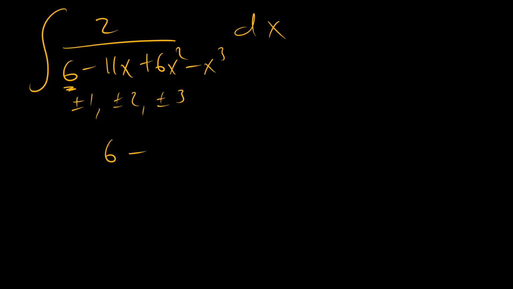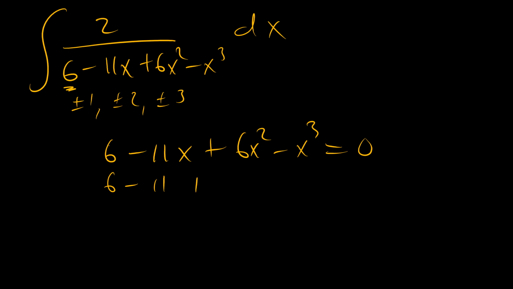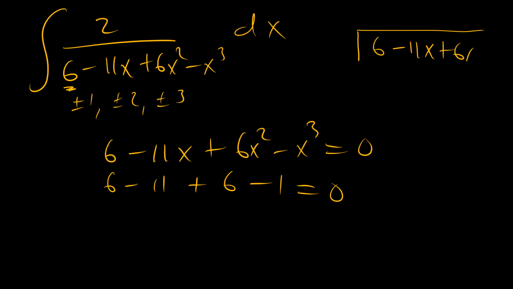What I'm trying to do here is, suppose I have a polynomial equal to 0 like that. If we substitute 1, we get 6 minus 11 plus 6 minus 1, and this equals 0. So it makes sense for us to divide that polynomial by x minus 1. Sorry, 1 minus x.